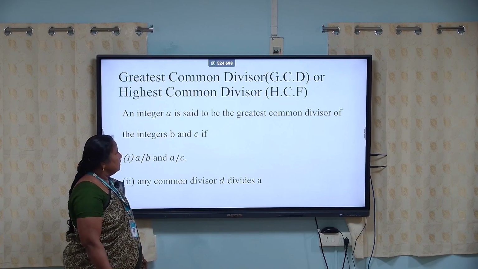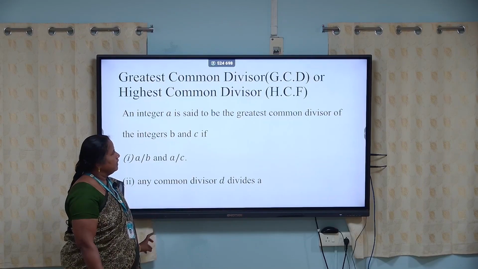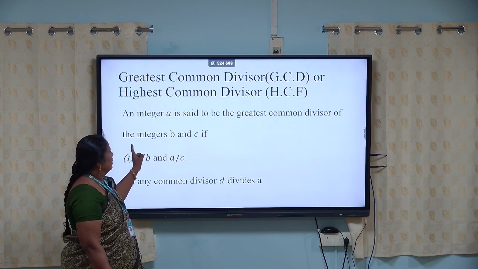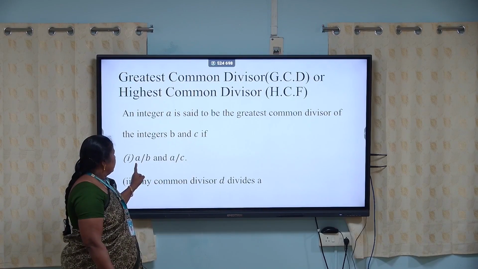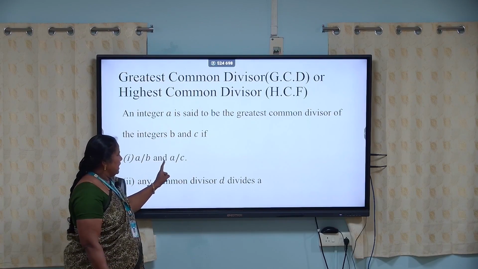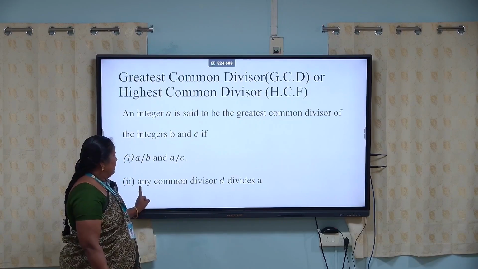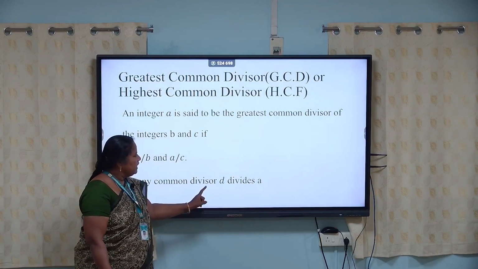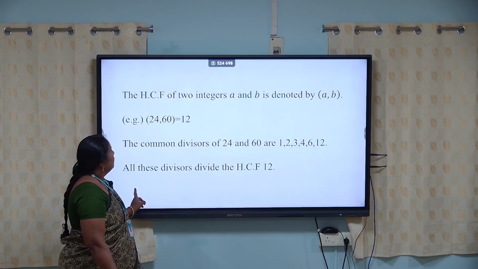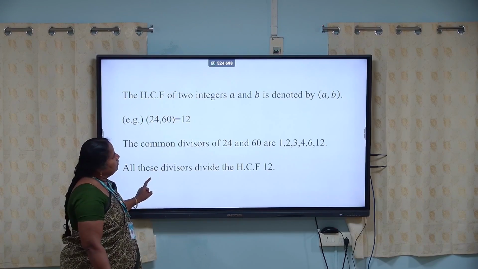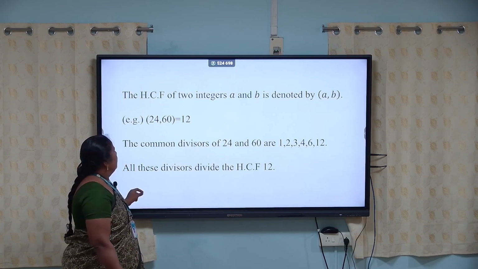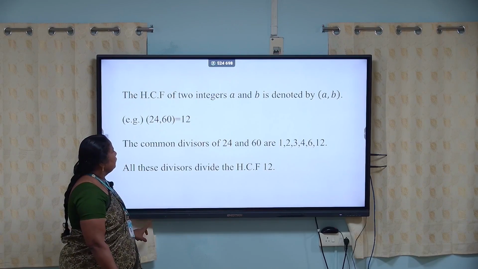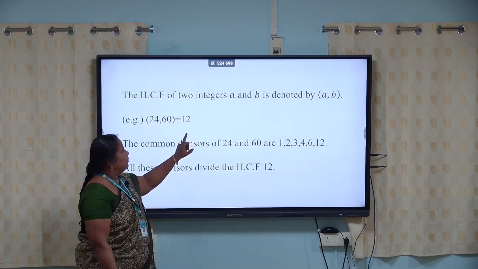An integer a is said to be the greatest common divisor of the integers b and c if, first, a divides b and a divides c; second, any common divisor d divides a. The HCF of two integers a and b is denoted by (a, b) within the parenthesis. For example, HCF of 24 and 60 is equal to 12.